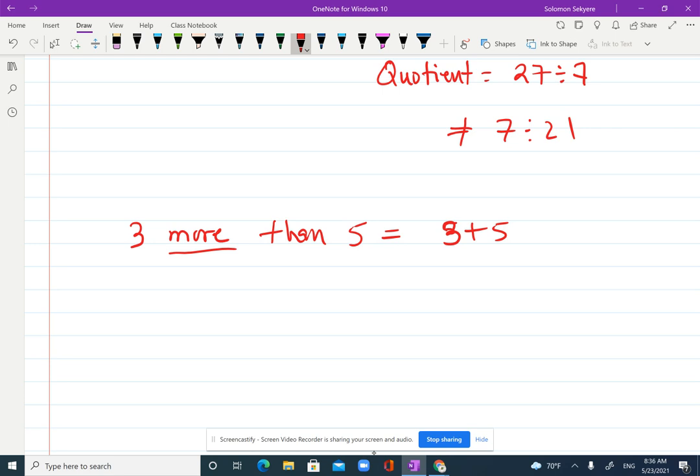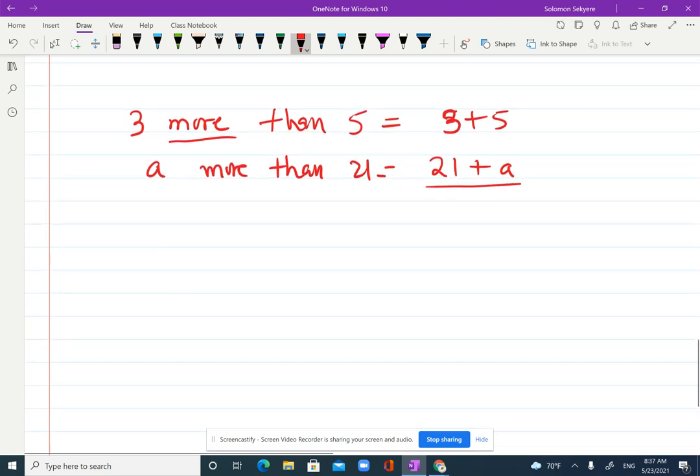What about an expression for A, the letter A, more than 21? This is 21 plus A. This is an expression. We don't know A yet.